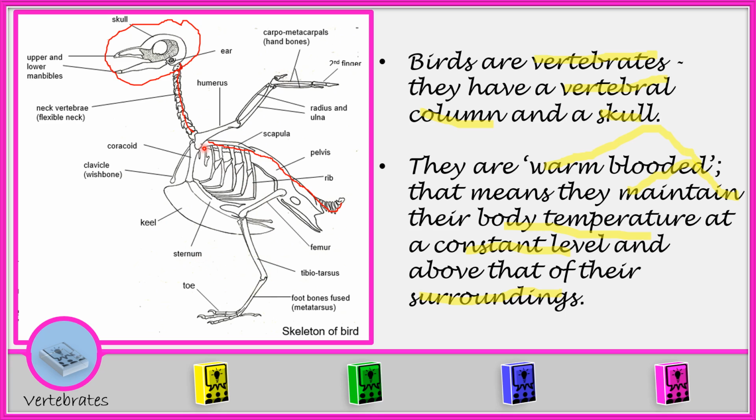That means that their body temperature does not depend on the environment. Whether the environmental temperature is low or it is high, the body temperature of the bird remains constant. They have a constant temperature. Therefore, we refer to them as warm-blooded animals.